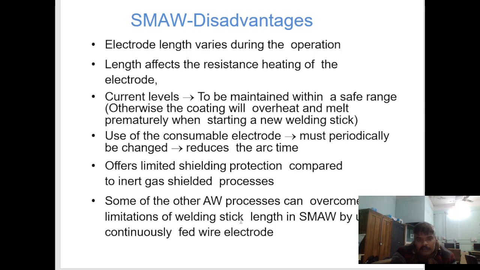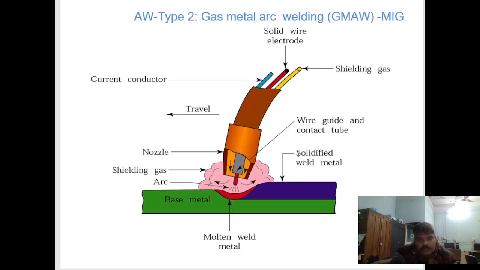There are some demerits of using electrode in the rod form: consumable rod, which reduces the arc time. By using a continuously fed wire electrode, this limitation can be overcome.